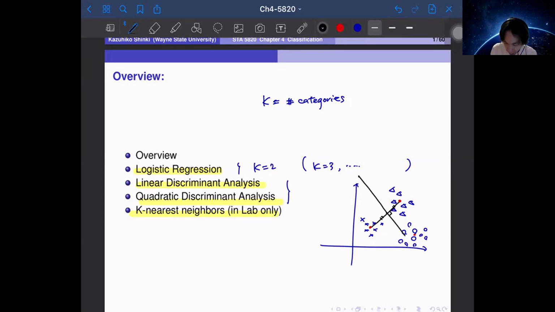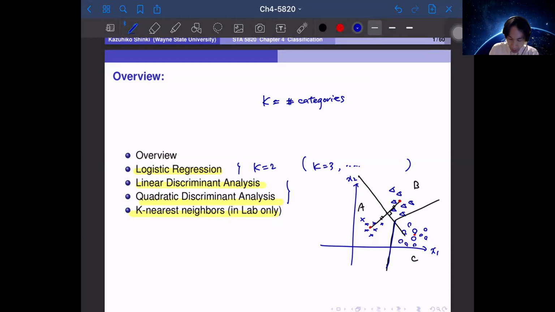Then we can do this for all pairs, and you can see this is area A, area B, area C. And you can divide the entire space of predictors, this is x1 and x2, into 3 pieces or 4 pieces and so on. In linear discriminant analysis, this boundary is linear. And in quadratic discriminant analysis, the boundary is a quadratic curve, such as a parabola or hyperbola.